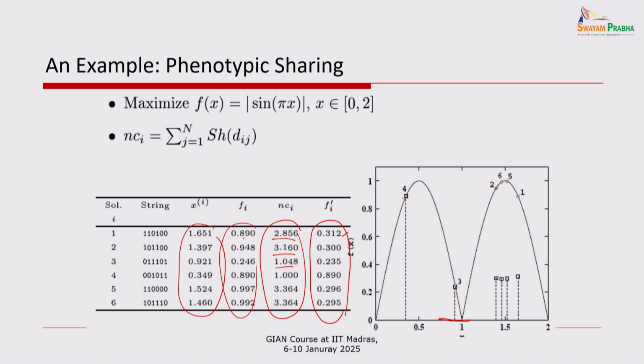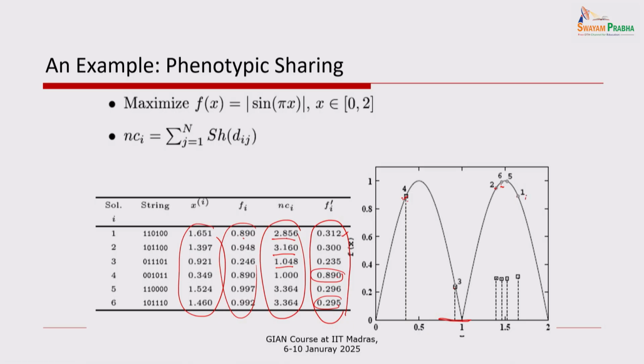Then what happens is, like this one you see here, this is alone representing this peak. What is the shared fitness? 0.89. What about 6? 6 is 0.295. You see, this is the best, right? So in the next generation, when you do selection with this, this will get 2-3 copies at the expense of some of these.